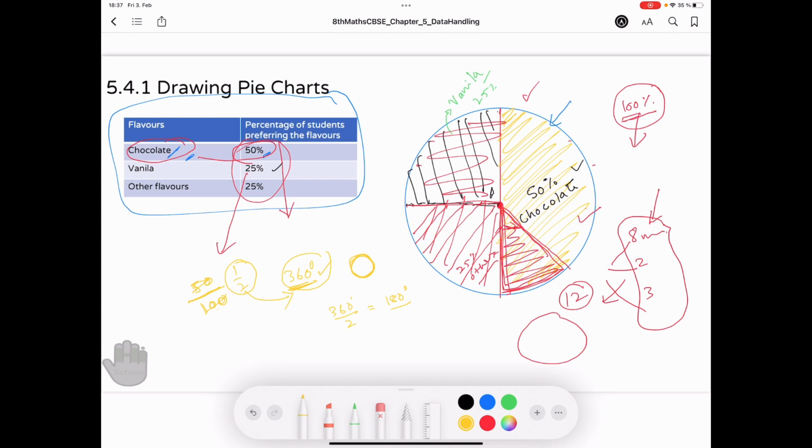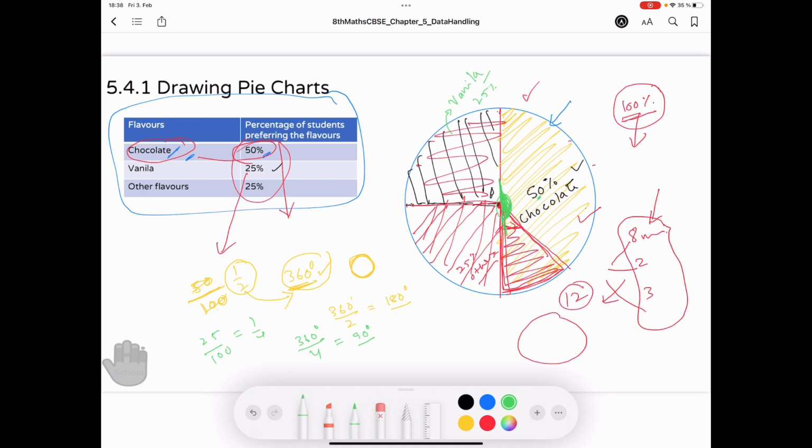So this angle is 180 degrees, and this 180 degrees represents 50% of the circle. Similarly, 25 of 100 is 1 by 4, so 360 degrees divided by 4 is 90 degrees.